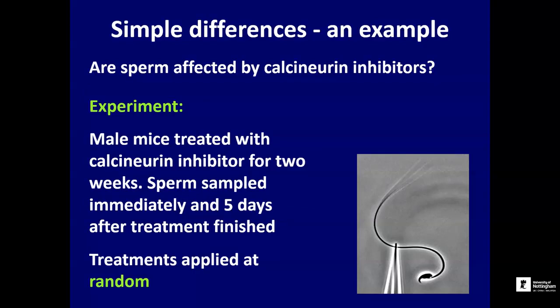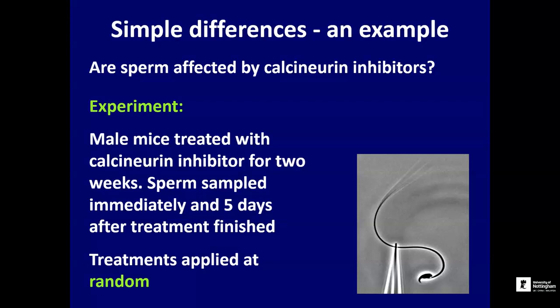We take mice because we need a mammal system to test this idea in that's close to humans taxonomically, so we have some idea of whether it's likely to work in humans. We treat the mice with calcineurin inhibitors for 2 weeks, and then we measure the sperm swimming speed immediately after the 2 weeks of treatment, and then we wait for 5 days and test them again.